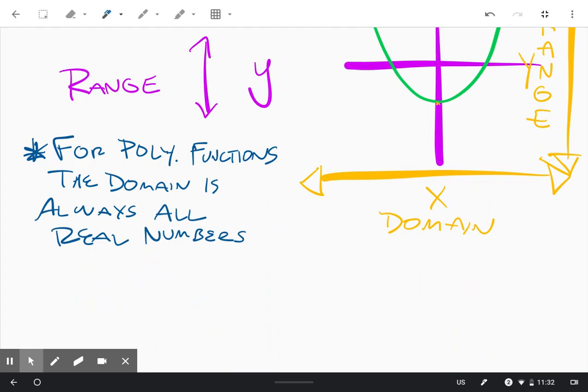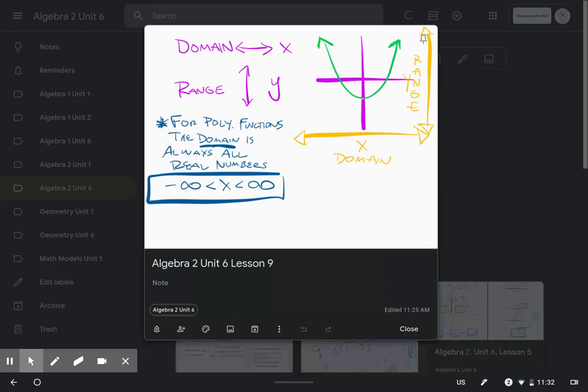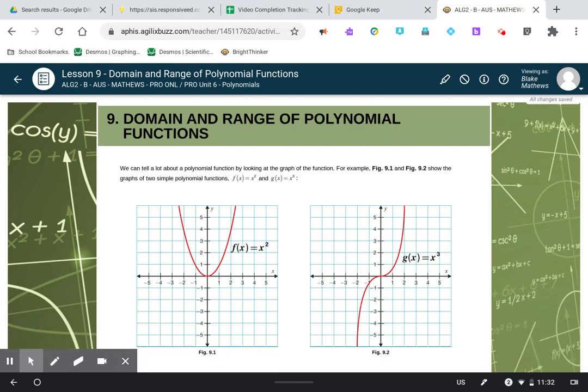And the way that looks mathematically is this. So you need to be looking for this expression for the domain of all polynomial functions. Now the range is the thing that's going to change, and we're going to talk about that.